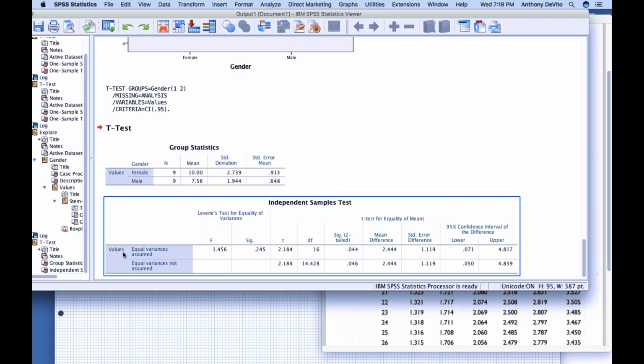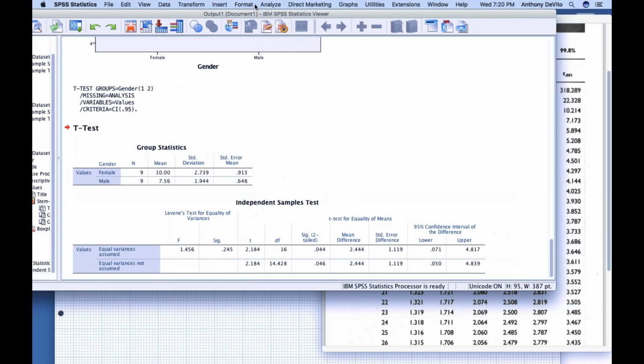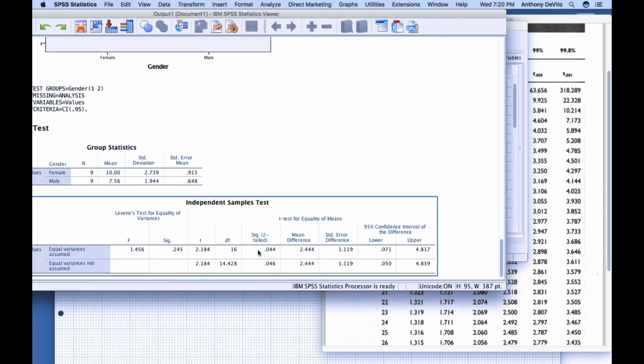So that means I just fail to reject the idea that the variances are equal, and I stick with the top row. So if I stick with the top row, it means that the t-score I'm interested in is 2.184. And the degrees of freedom is 16. I can use that to look up my critical value of t if I want. And my significance is 0.044.